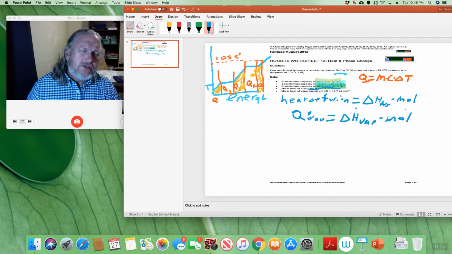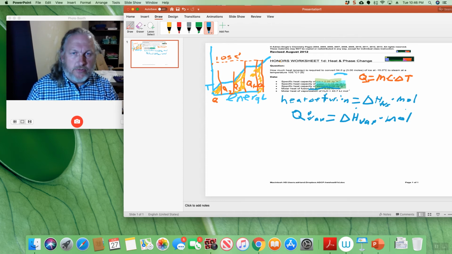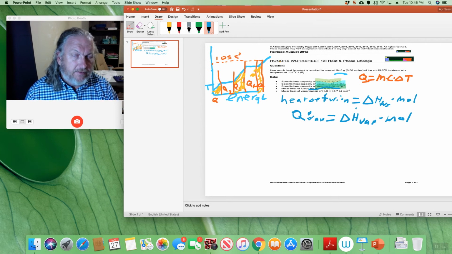Now, what's important in my mind is that you understand this diagram. You're going to have a different amount of heat required due to the specific heat of ice.